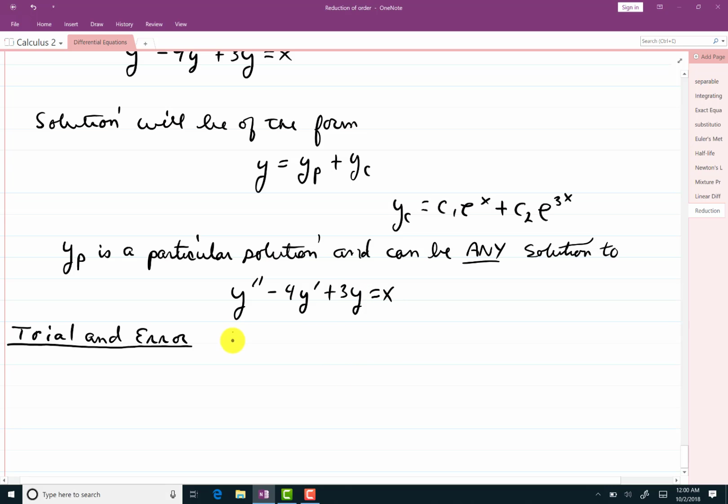So I think I can do something like this. Let's try a solution like this. Y sub p equals ax plus b. Some sort of a function like this. Check out why I'm thinking this. If I take its second derivative, that will zero out. That's always a bonus. Now, if I take the first derivative, I'll have a, so negative 4 times a. But then if I take no derivative at all, I'll have 3ax plus 3b.